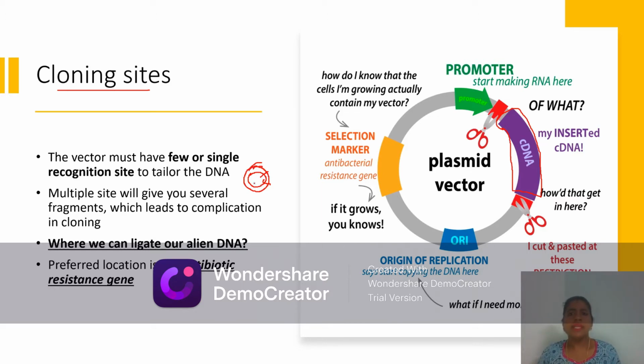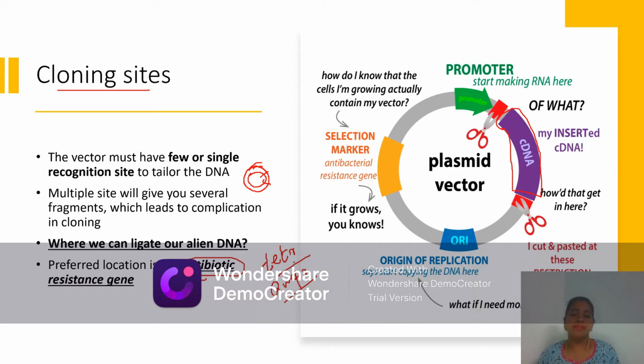So in this vector, where we are going to ligate or clone our foreign DNA, we can clone our foreign DNA in the antibiotic resistance gene. In the case of pBR322, it is the TetR, the tetracycline resistance gene, or AmpR, the ampicillin resistance gene. You can select either gene, and there you will insert your gene of interest.